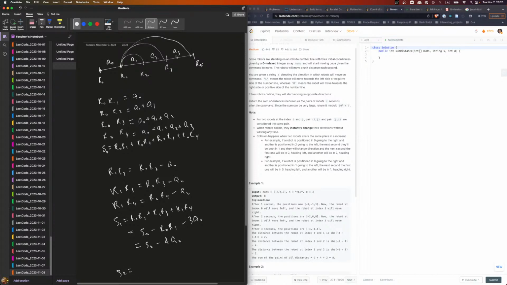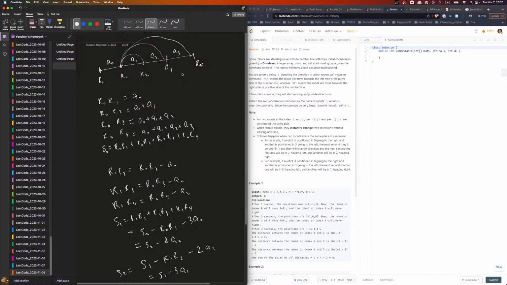Now how about S2? We can call it this plus this, which is R1, R4 minus A1 and R1, R3 minus A1. So that will equal S1 minus R1, R2, because we're doing this plus this. So we minus this, then minus 2 times A1, because we only have 2, which is S1 minus 3 times A1.